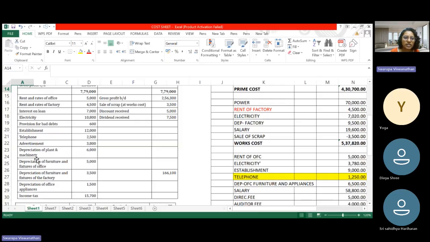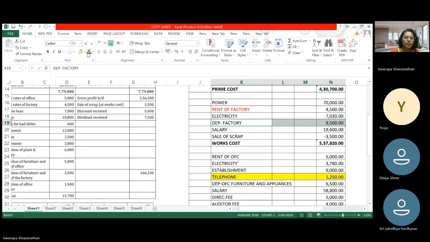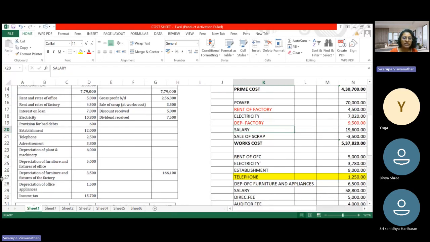Depreciation for plant and machinery is a part of factory overheads, so it will come under here before the works cost computation. Then we have depreciation of furniture of office, which will come under admin overheads. Depreciation of furniture of factory, again factory overheads.